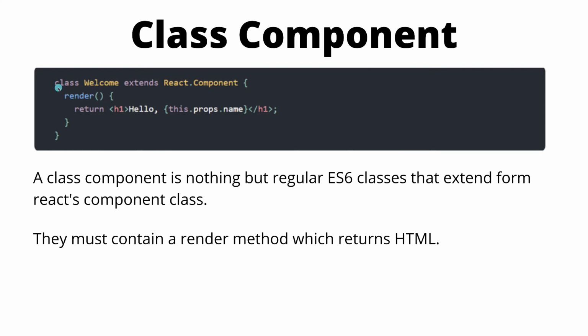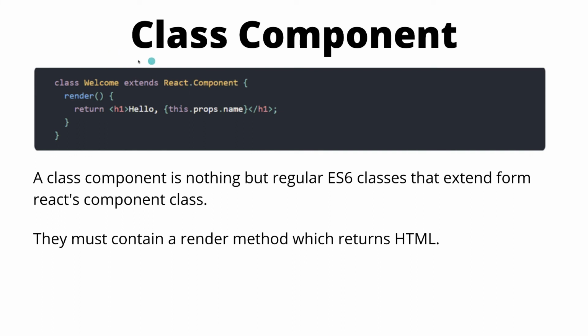We simply have a class and we have named this class welcome, and as with any class in JavaScript, a class can extend another class. In this case, as we are creating a React component, we are extending from a class called React.Component. This Component class is present inside the React library.